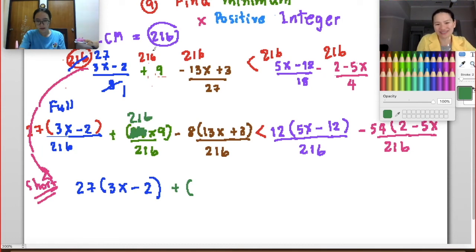So 216 multiplied with 9. Here, 216 multiplied with 9, and then minus 8 multiplied with 30, no, sorry.